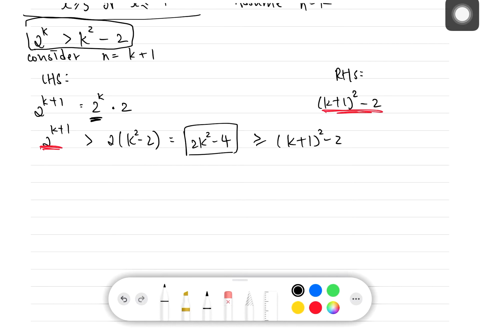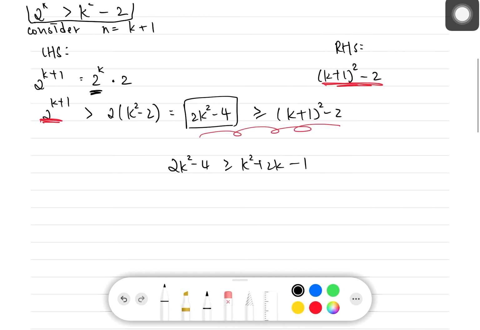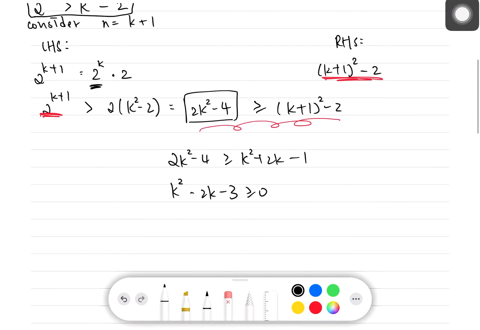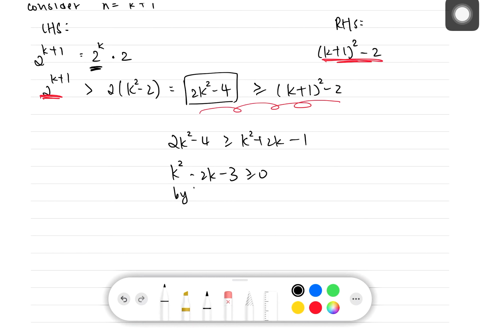As a result, we can find the values of k such that this inequality is valid. We have 2k squared minus 4, and we expand the other side. After rearranging the terms, we notice that this is exactly the inequality that we solved in part A. So by part A, the solution is k greater than 3 or k smaller than or equal to -1.